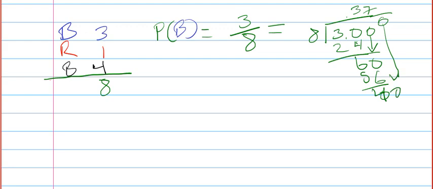So my probability that it is blue is either 3 over 8, or 0.375, or a 37.5% chance that I pull out a blue marker.